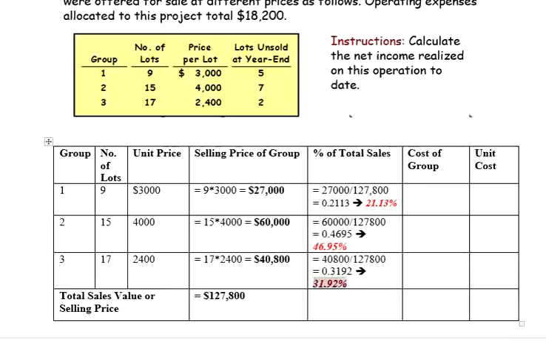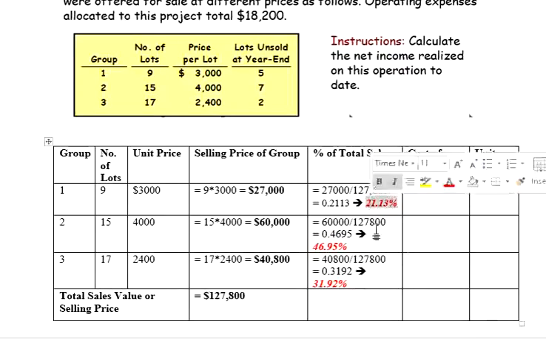That's the whole purpose we are doing it. So that's actually the relationship that I'm developing, which I also discussed earlier. So that's 21.13%, 46.95%, and 31.92%. Now, what I will do is shift this relationship to the cost of the group as well.